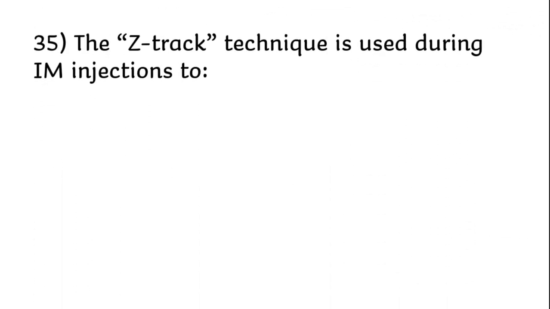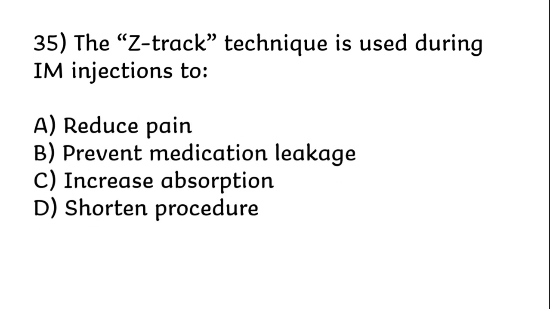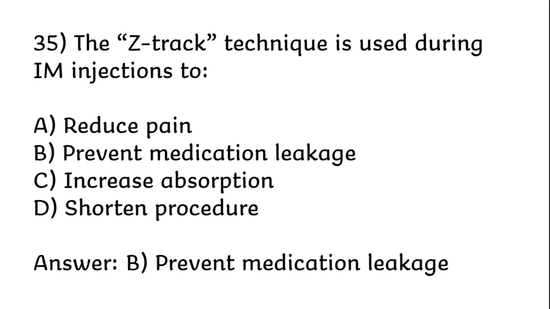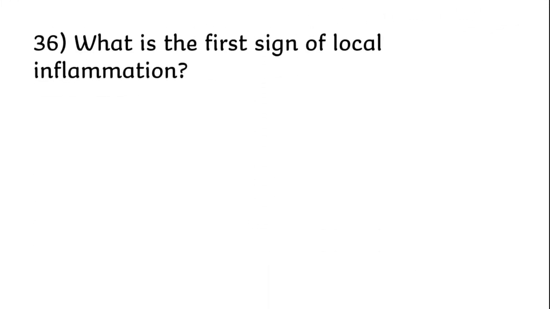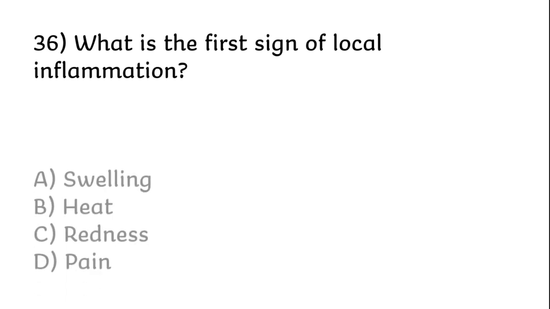The Z-track technique is used during IM injections to reduce pain, prevent medication leakage, increase absorption, shorten procedure. Correct answer is option B, prevent medication leakage. What is the first sign of local inflammation?